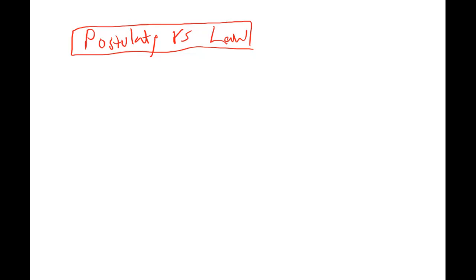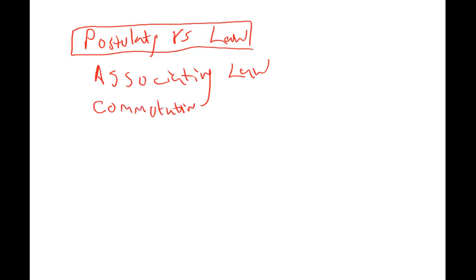In fact, you can have a thing called the associative law, and you could say that's a postulate. And you could have something called the commutative law, and you could say that's a postulate.